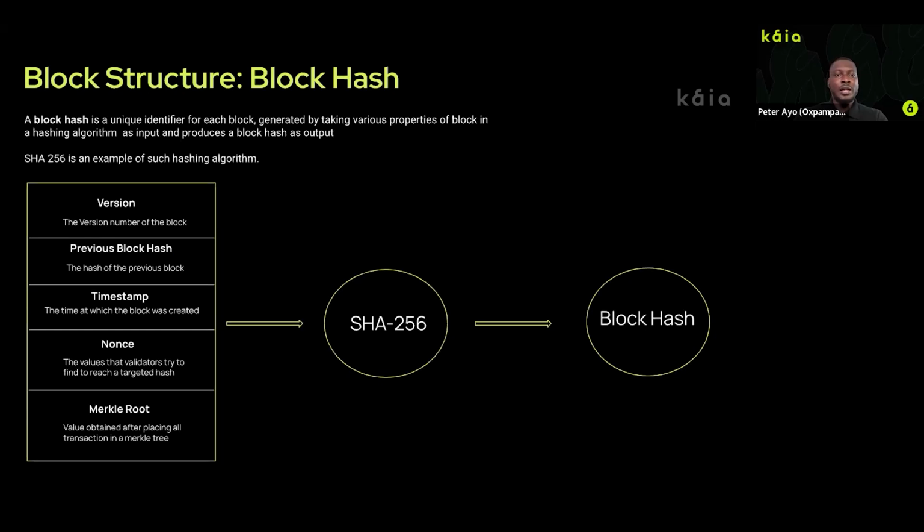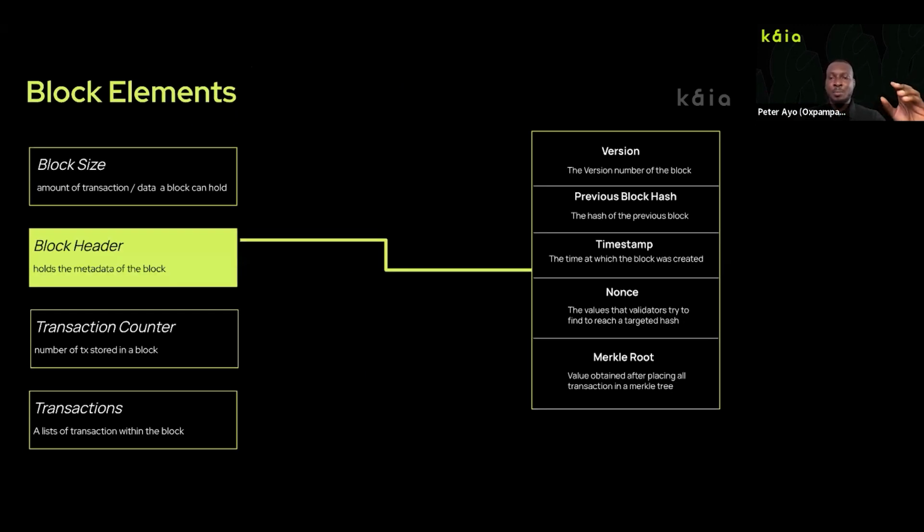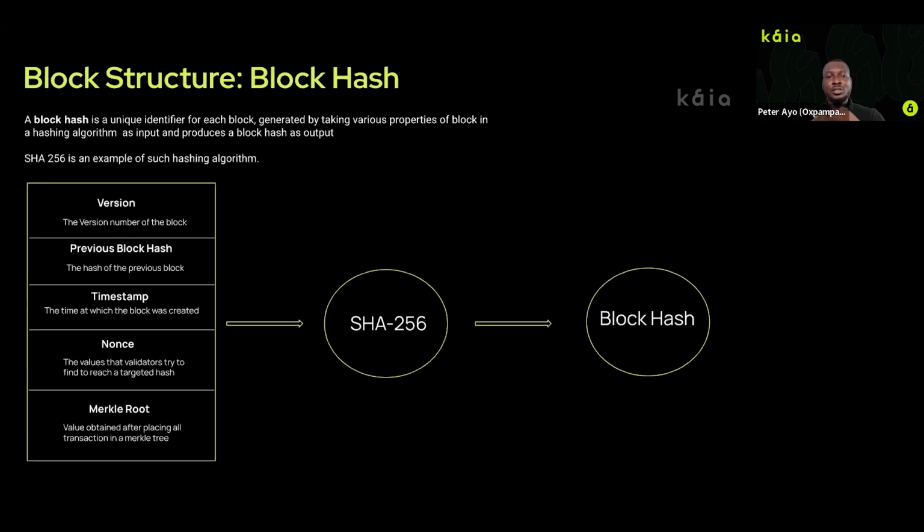Moving forward, now let's talk about the block hash, which is a very, very important element on the blockchain. We've talked about the block elements, and from the last slide, we highlighted the block header and how it contains some metadata, and this metadata is what is hashed to get your block hash, right?